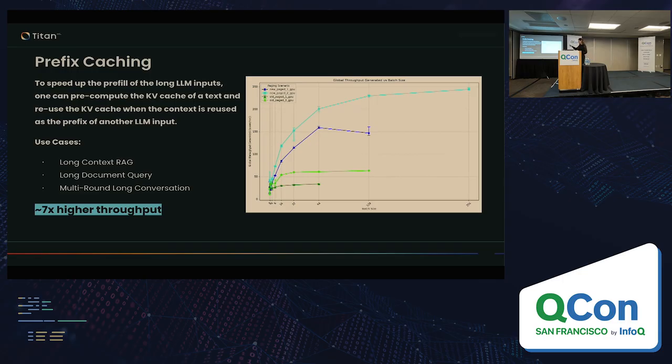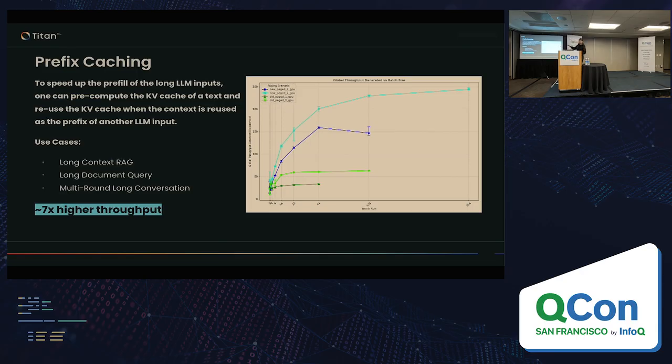So on the right, I have some results that are fresh off the press. My team sent me them yesterday. What we have here is our server with the prefix caching turned on and turned off. In the green lines, we have it turned off. The light green line is with 2 GPUs and the dark green line is with 1 GPU.